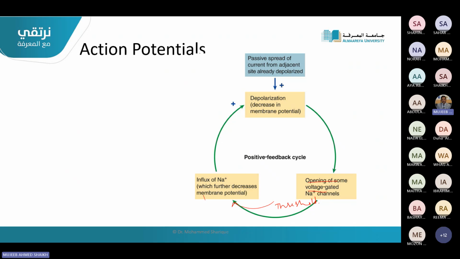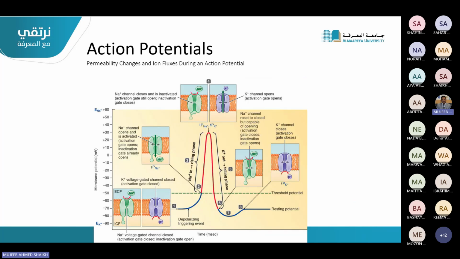Then it will lead to more opening of sodium channels. The negativity inside will become positive. We call it depolarization. Once depolarization occurs, it will again cause opening of a few more sodium channels. Like a positive feedback mechanism, it will create more change in the membrane potential.